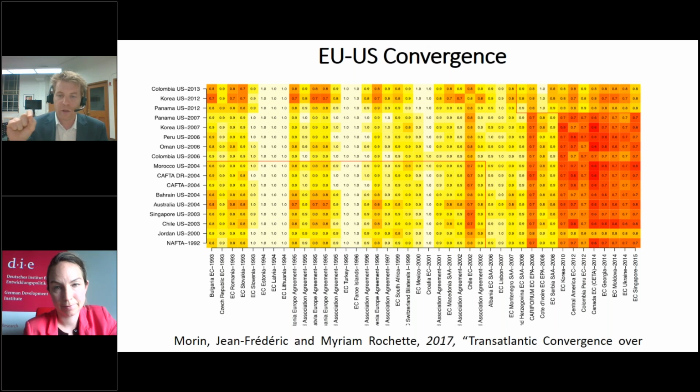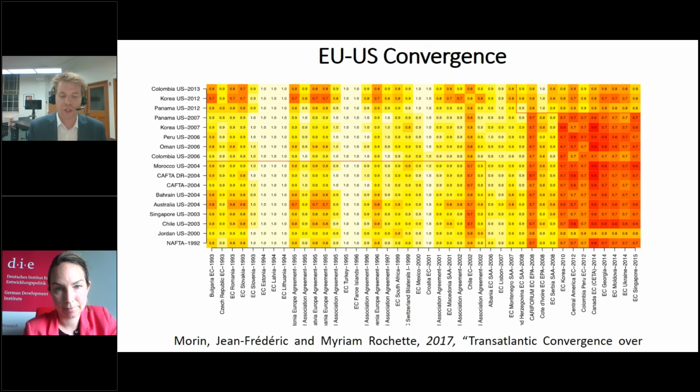When a little square is red, it means that this particular EU agreement is highly similar to this particular US agreement. And since they are displayed in chronological order, what you can see is that EU agreements over time are becoming more and more similar to US agreements, similarity being measured by sharing similar environmental provisions.